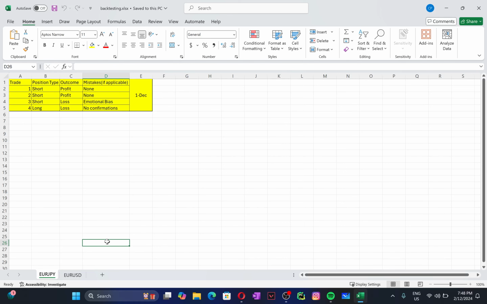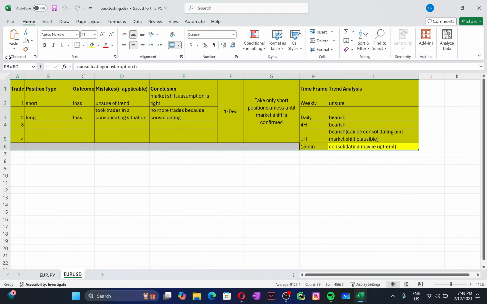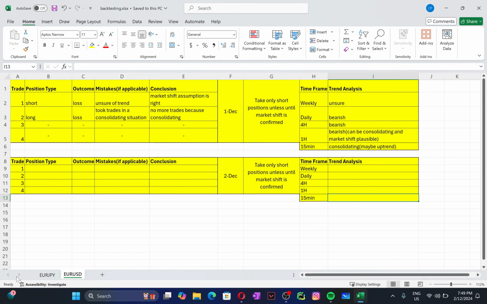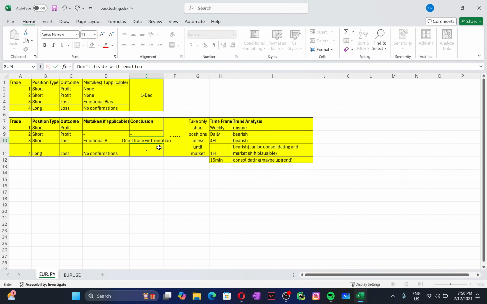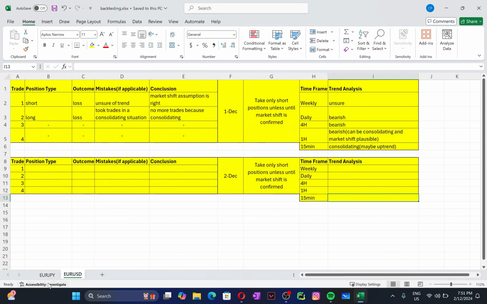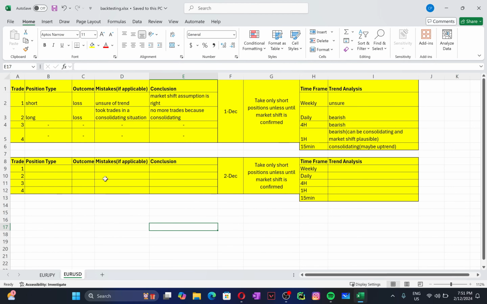Today we're gonna trade a lot of ways. The first thing I'm gonna do is copy paste this to make another. All right, so we're gonna start off by doing our trades in the EUR USD first.